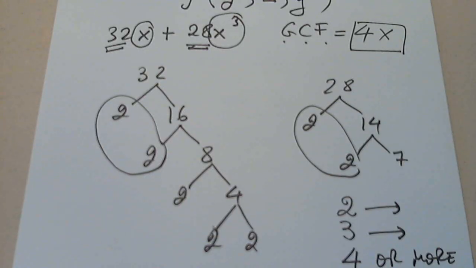So is this polynomial in category 1, 2, or 3? We need to know, because otherwise I don't know how to proceed. 2? Does it have 2 terms? How many terms does it have?